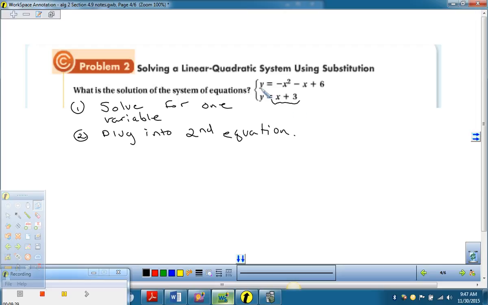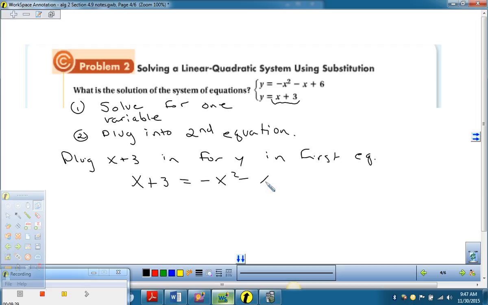For y in the first equation. All right, so that means I have x plus 3 equals negative x squared minus x plus 6.